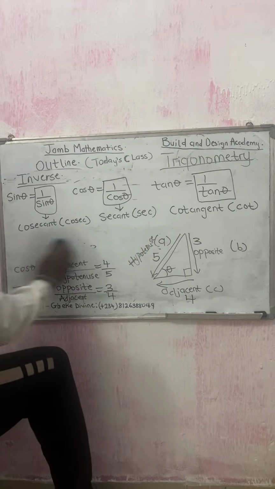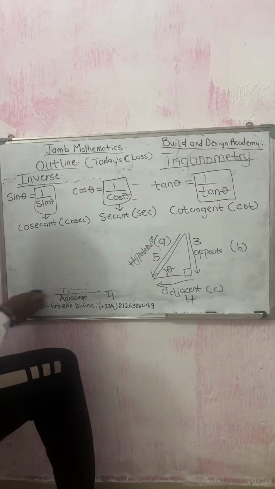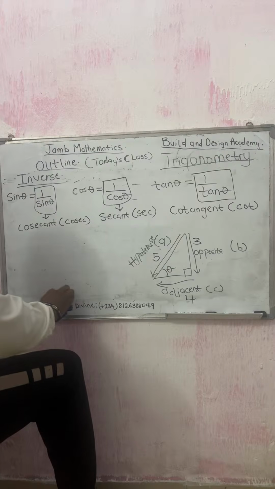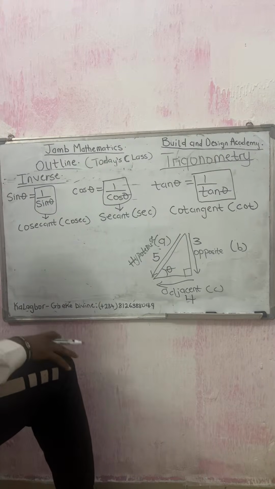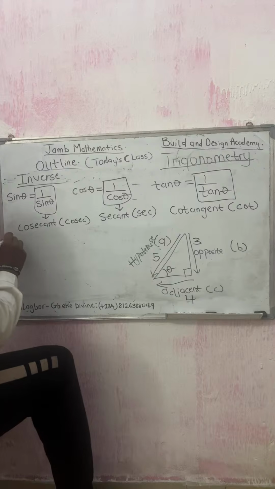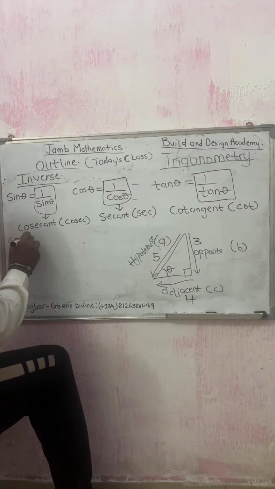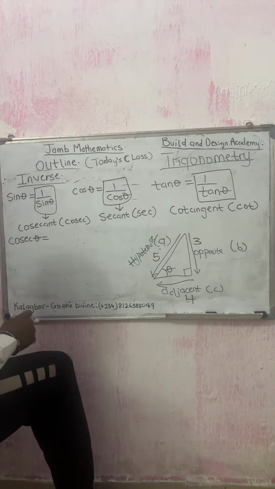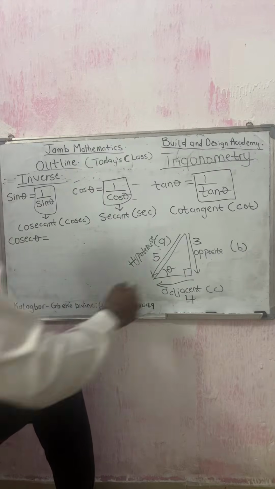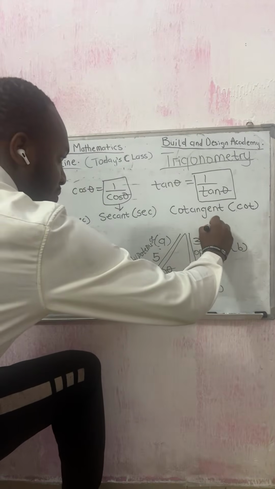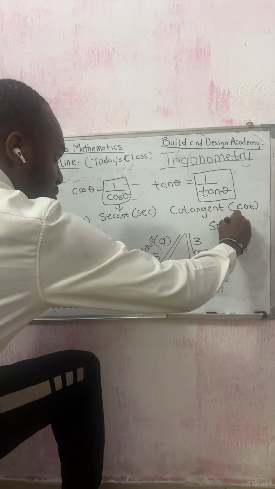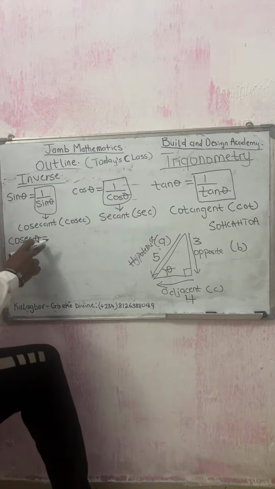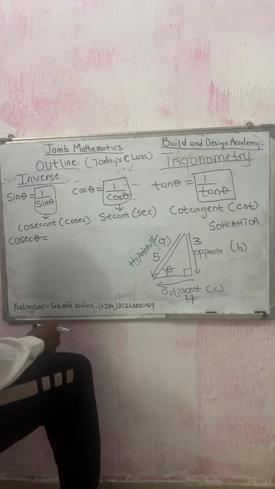So we begin here. And we are asked to find the cosec of theta. Since it is the opposite of sin theta, using our SOHCAHTOA, we will now have that cosec will be what?